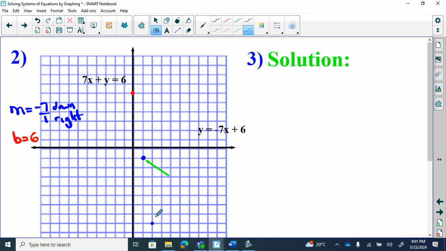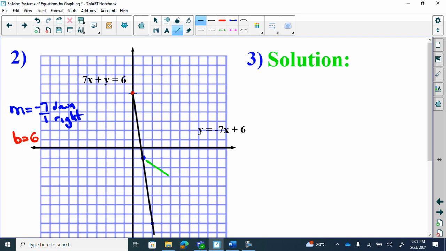And then all I have to do from there is join those with a nice straight line. 1, 2, 3, 4, 5, 6, 7, right 1. All good. So I'll join these with a nice straight line. Connect the dots. There you have it.